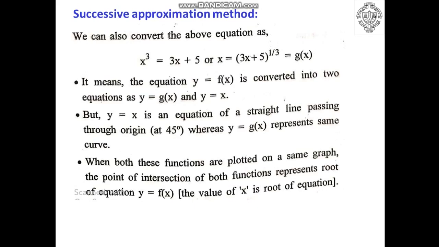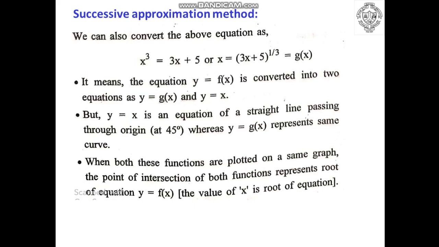So the equation y is equal to x is nothing but a straight line passing through the origin, inclined at 45 degrees. Whereas y is equal to g of x represents the same curve, because we are just transforming the equation into another form, and another equation is assumed compulsorily as y is equal to x.